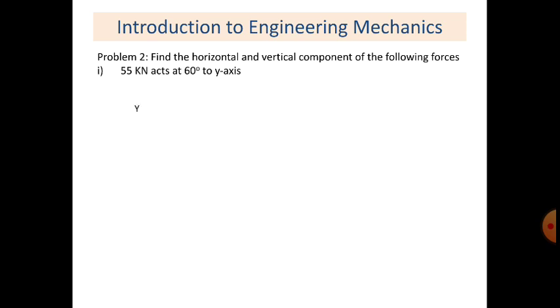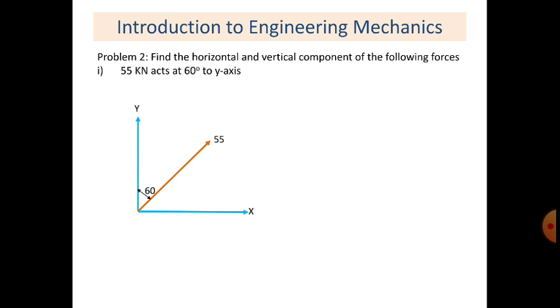Next, you have to find the horizontal and the vertical components of the following force, where the force is 55 kilonewton and acts at 60 degrees to the y-axis. Now theta is between the force and the y-axis, that is the vertical component.